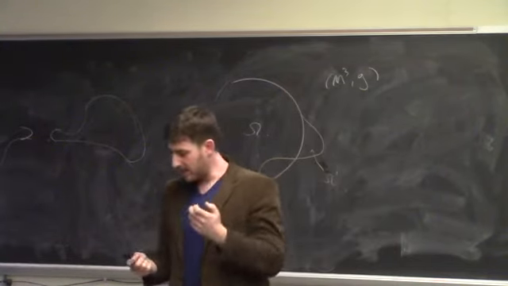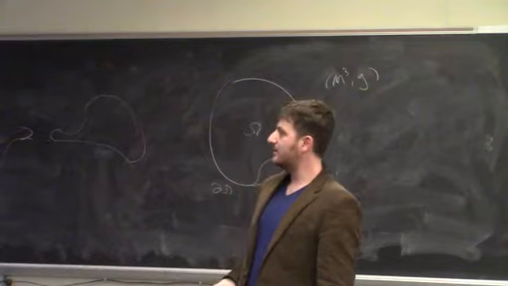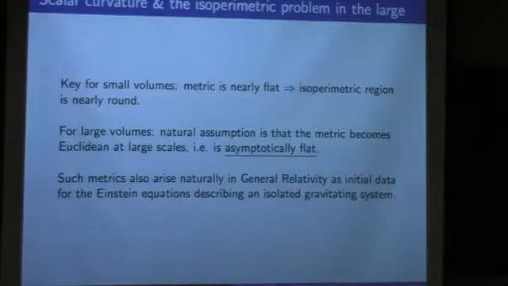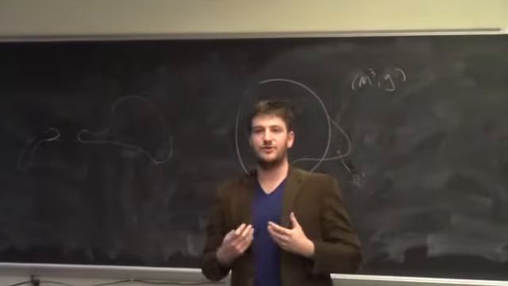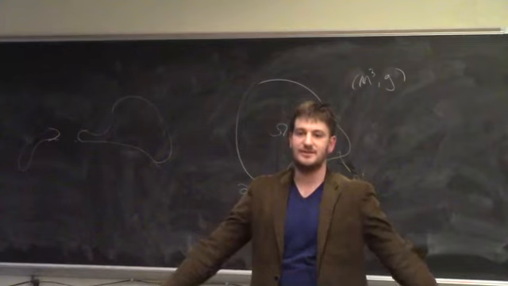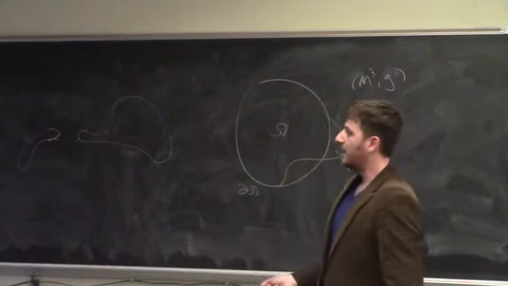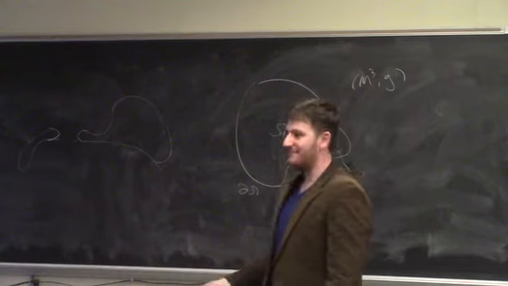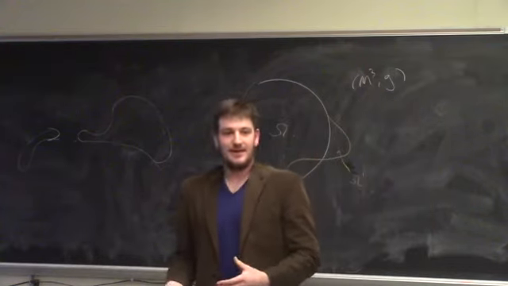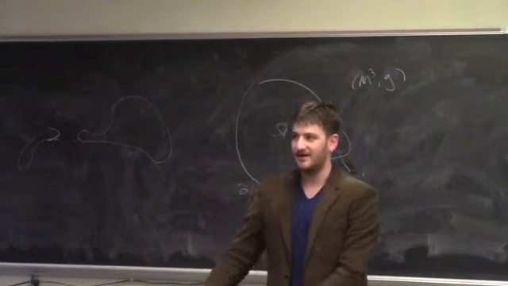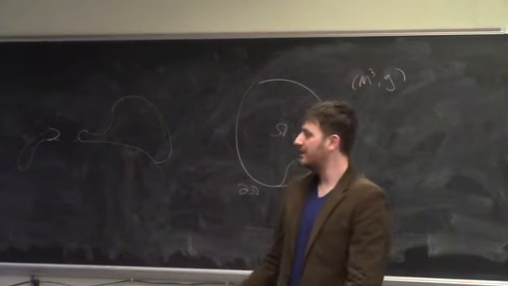So what I wanted to talk about today: if we want to look at large volumes, let's give ourselves some help and assume that the manifold at large scales is approximately flat. I could have started the talk from a different direction.